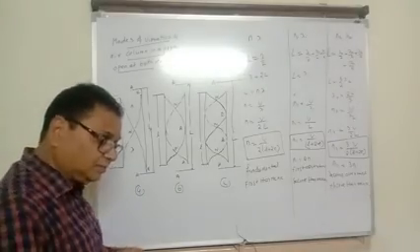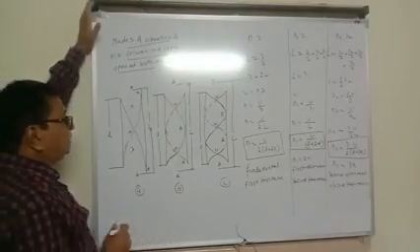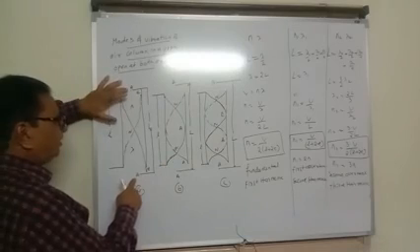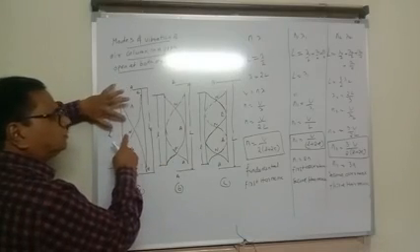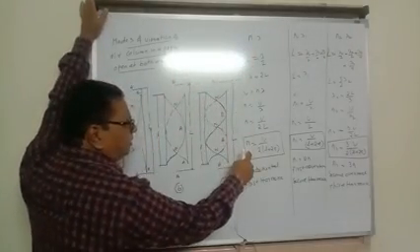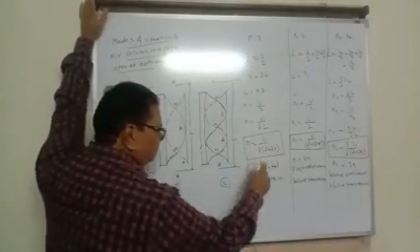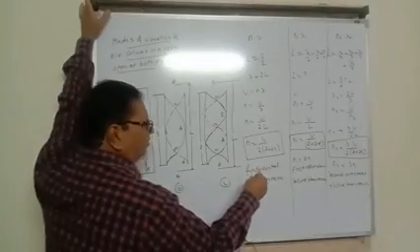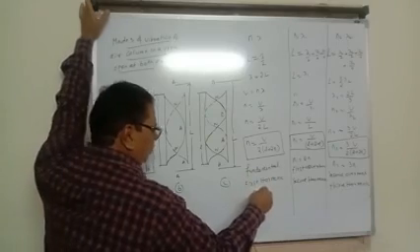Once again I repeat. In the simplest mode of vibration, 2 antinodes and 1 node are formed. If we derive the expression for frequency, we get n is equal to V upon 2 into (L plus E). This frequency of vibration is called fundamental frequency, or first harmonic.